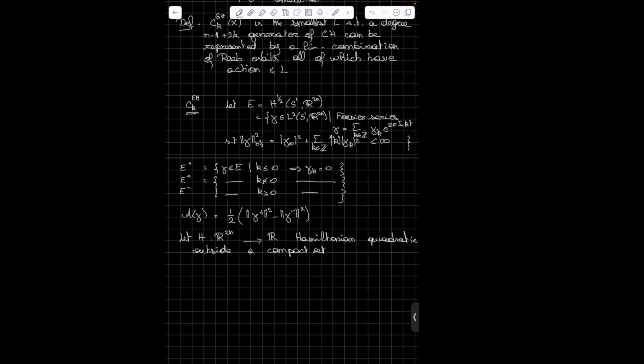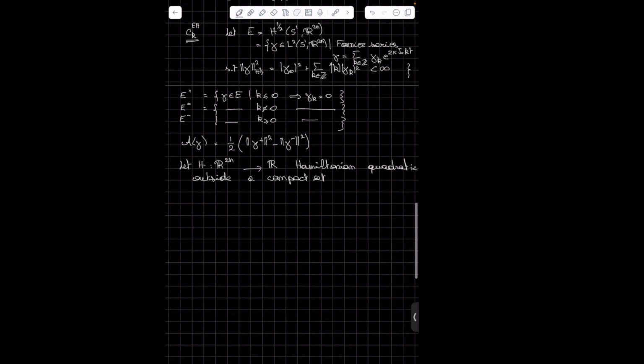The image to have in mind for the kind of Hamiltonian I want is this: I have my star-shaped domain that I put flat, and the Hamiltonian I want to take is essentially 0 inside my domain, and then is of the form a constant times the norm of x squared outside the domain.